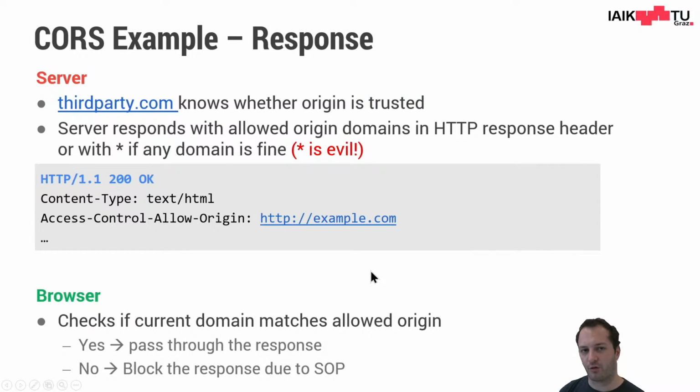And as a CORS API owner, if you run CORS on the server, you could specify a list of origins you would deem trusted. How does this make sense? For example, let's say you run SSO.tugraz.at as a login service, and you want to make sure that only online.tugraz.at or the Teach Center, tc.tugraz.at, can use your API.